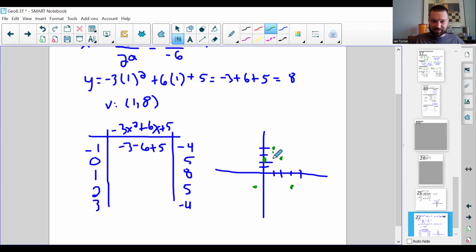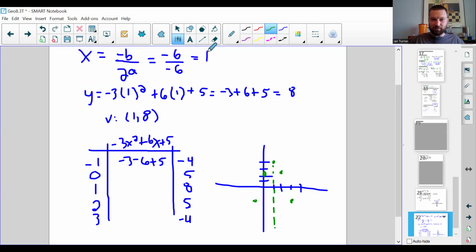But here's our axis of symmetry, right? So our axis of symmetry is going through x = 1, which we found up here, and our vertex is (1, 8). This one opens downwards because it was negative in the a term. It's actually not terrible. So there's how you graph quadratics that have a b term in them, right?